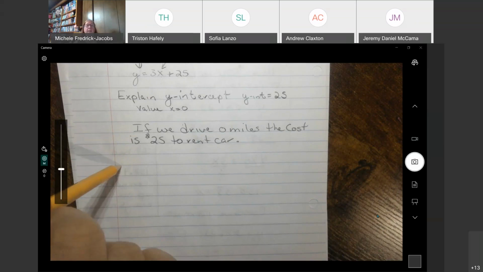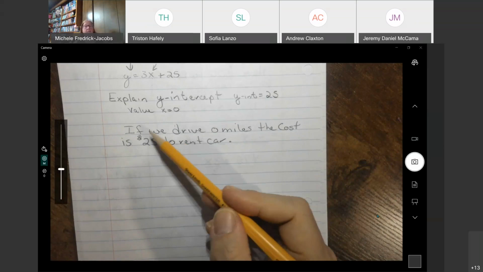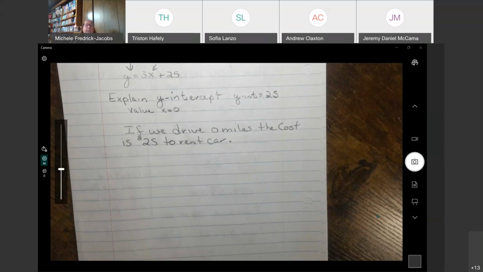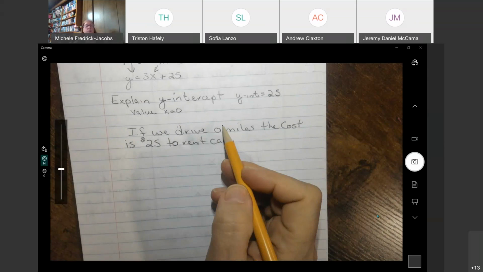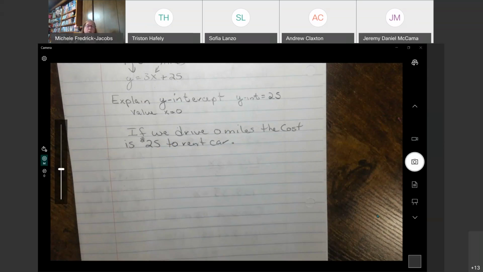It could sit there for 4 days, but I don't end up using it. And then they come and pick it up. I'd only have to pay the $25 because I didn't drive it anywhere. But at least I had that security. If I needed it, it was there. But if I didn't drive it, then I only pay the $25. And so that would be a case where that could happen.